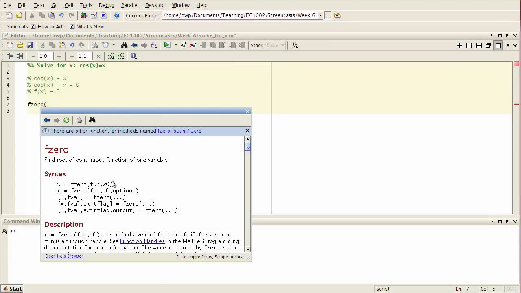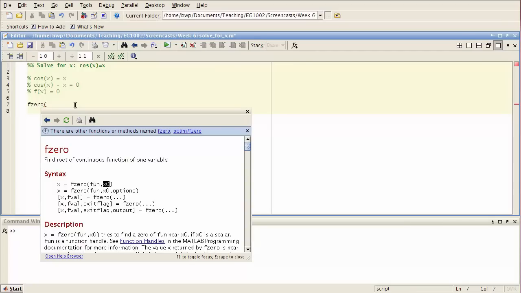So f0, let's look at that syntax again. It needs the function handle to evaluate and also an initial starting point or a guess. So let's go ahead and write that. We can use an anonymous function here to represent the mathematical expression that we want. We want cos of x minus x, and this block of code here produces an anonymous function that implements cos of x minus x.